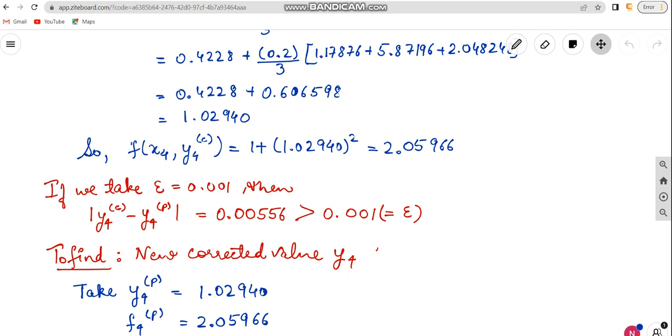Now if we take epsilon to be 0.001, then the modulus of the y4 corrected value minus the y4 predicted value is coming out to be 0.00556, which is greater than my epsilon, that is the error value that I have taken. So that means I have to correct it one more time.